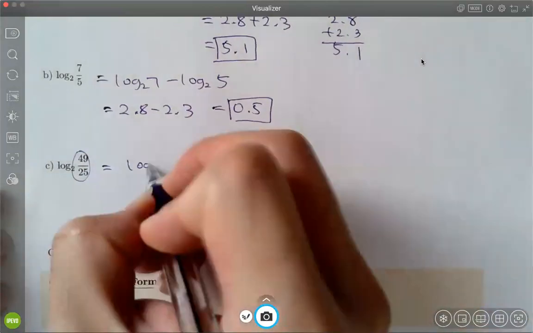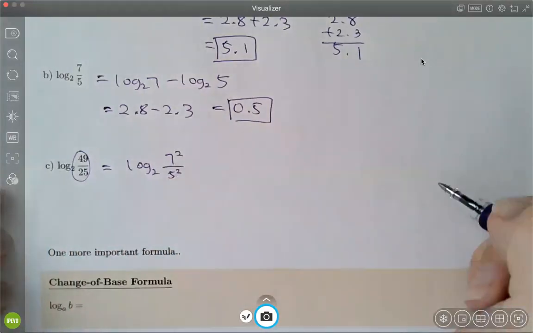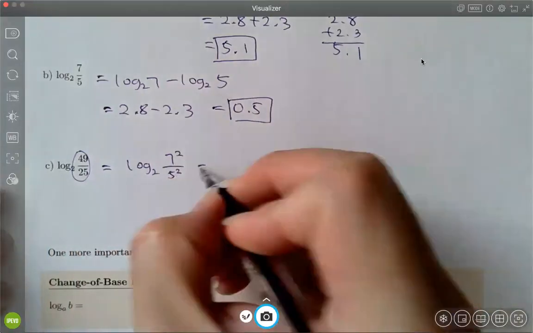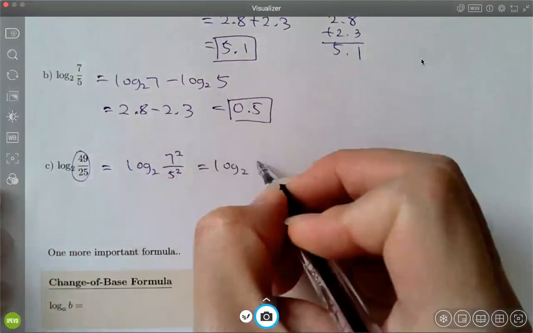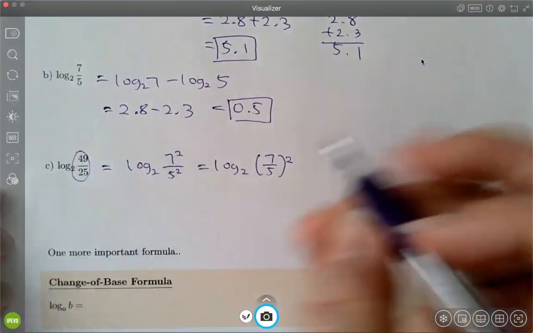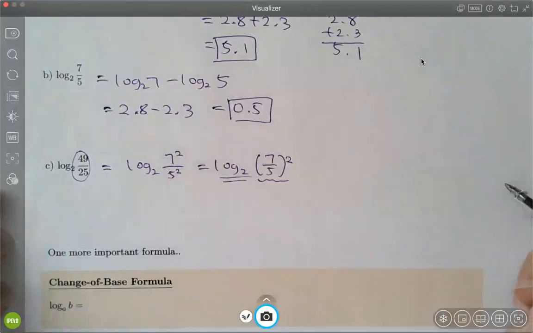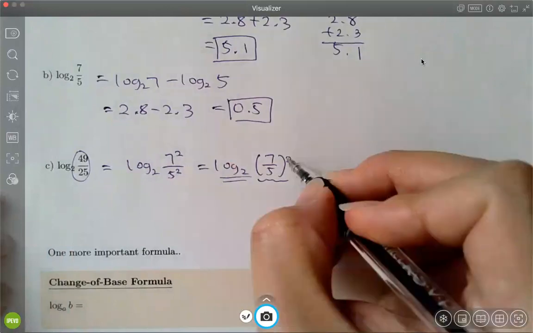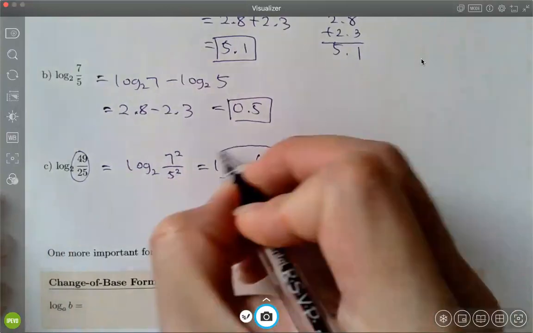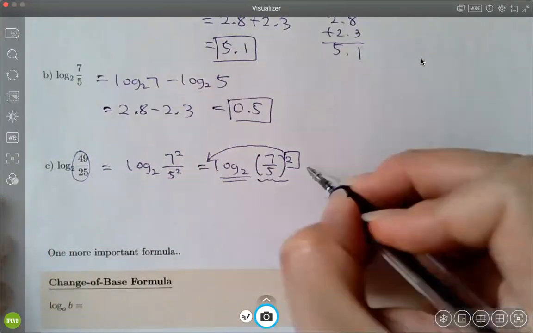It's 7 squared over 5 squared, right? And this alternately means 7 over 5, the entire thing squared. Oh, so we have an exponential form within the log. Does it remind you of one of the rules that we can use? Yeah, so what do we do? Take the exponent and put it in front, right? So you have 2 log 2 of 7 over 5, right?